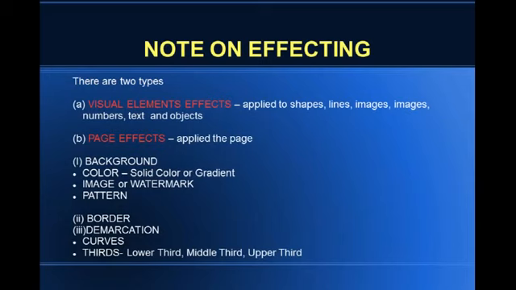Now, the effects are applied to the background, that is by adding color, adding an image, or creating a particular pattern, or to the border, or as a way of achieving a demarcation between items through curves and lower thirds, middle thirds, or upper thirds.